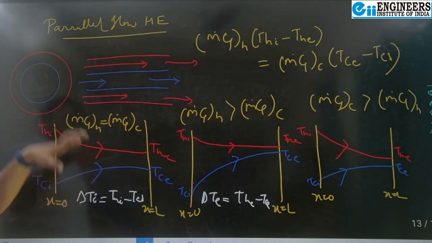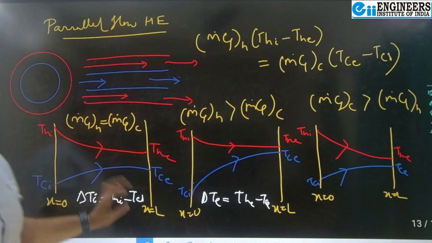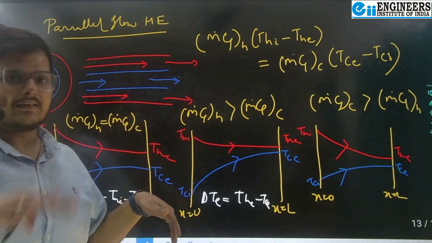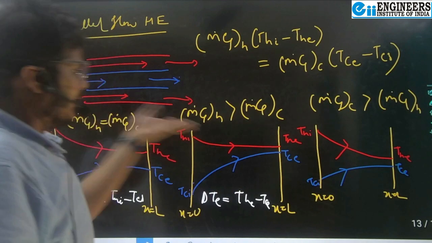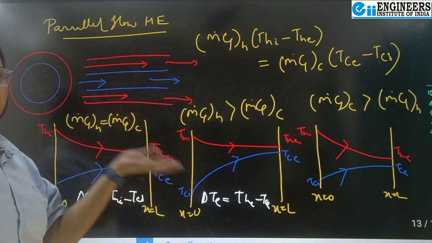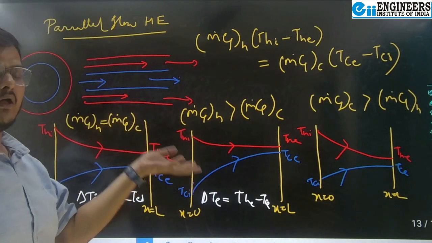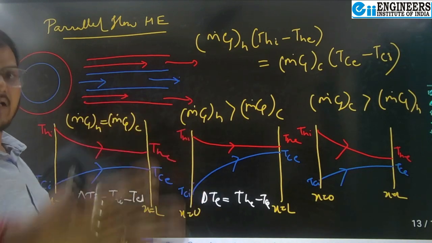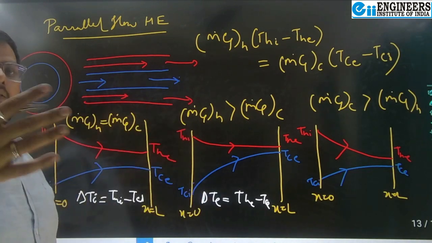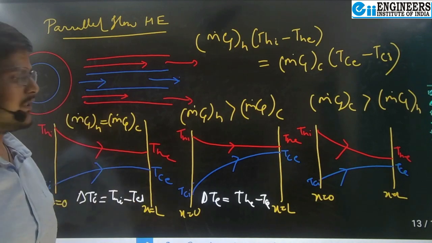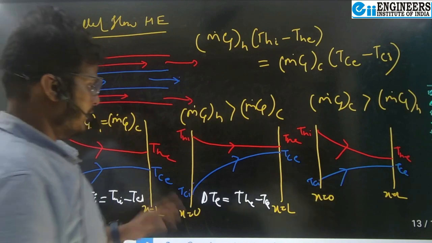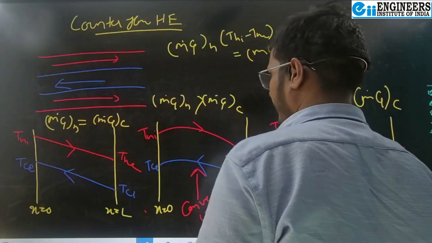Practically, The and Tce can never meet or be at the same point, because parallel flow systems are quite irreversible in nature. They have high entropy, and entropy leads to a high degree of randomness in the system, which gives rise to irreversibility.